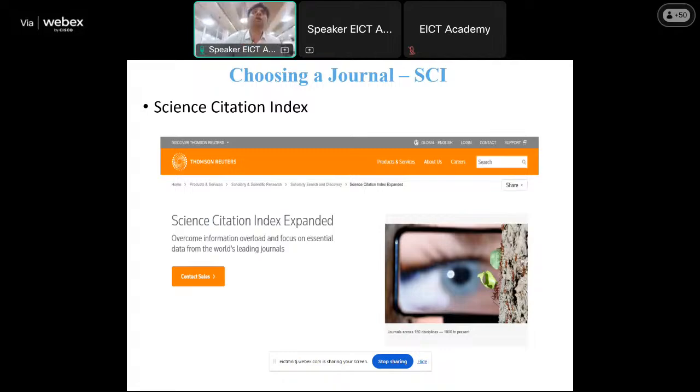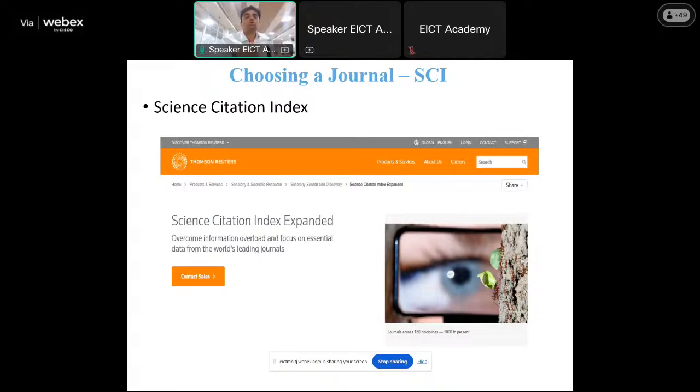So there is one group which is Thomson Reuters. Okay, so you can consider that one organization, which has decided some criteria, and it decides whether a particular journal is fulfilling those criteria or not. And if those criteria are fulfilled, then it could be converted into SCI or SCIE.